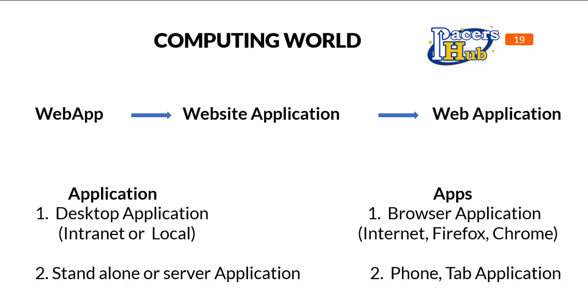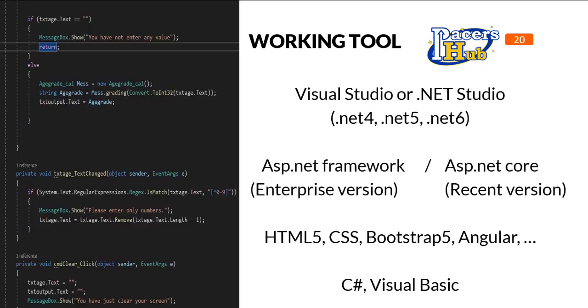But if somebody says apps, what should come to your memory is an application that runs on the browser, or an application for phone or tablet. That's just to differentiate the nomenclature. So moving forward, we explain our tool, the Visual Studio that we'll be using.